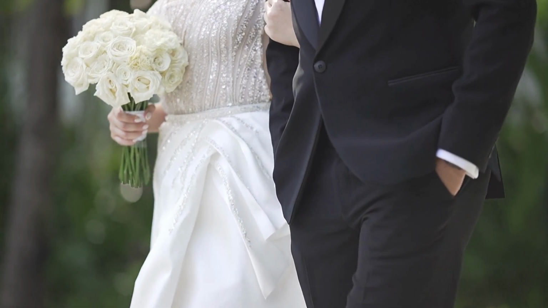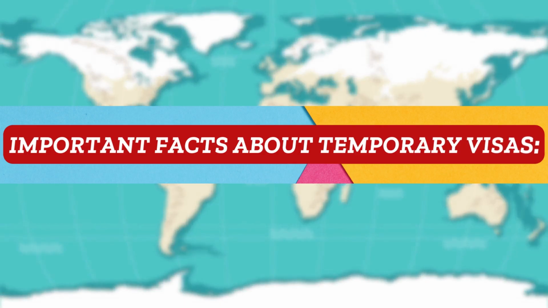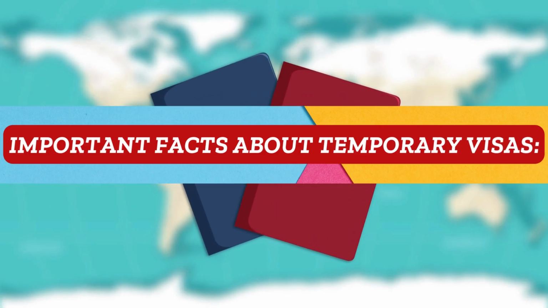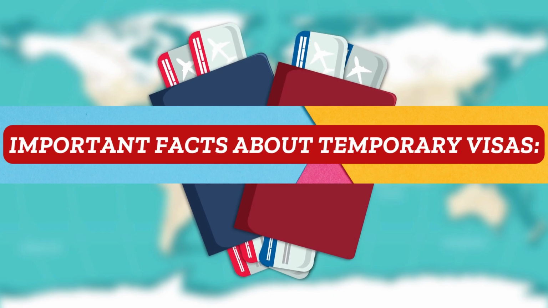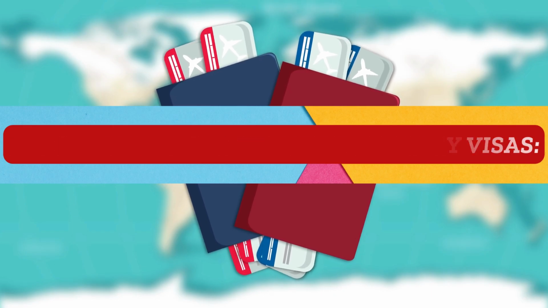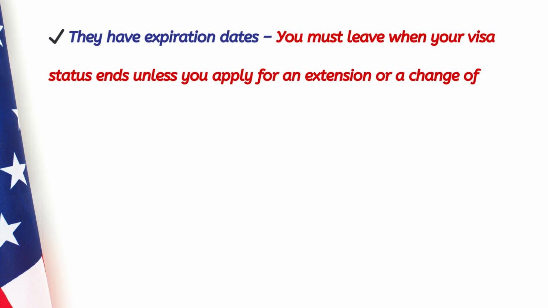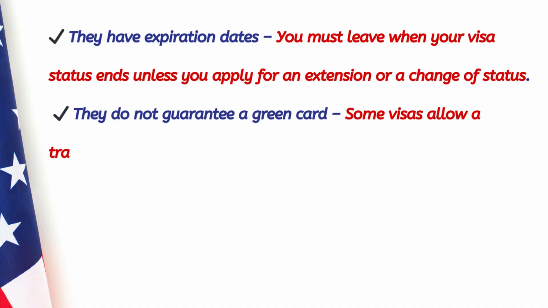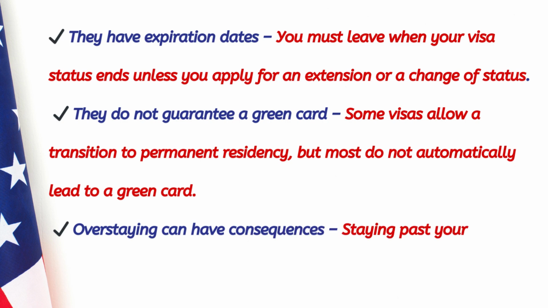Friends, it's important for anyone coming on temporary visas to know that these visas always have an expiration date. You must leave when your visa status ends unless you apply for an extension or a change of status. Some of these visas allow a transition to permanent residency, but most do not automatically lead to a green card.